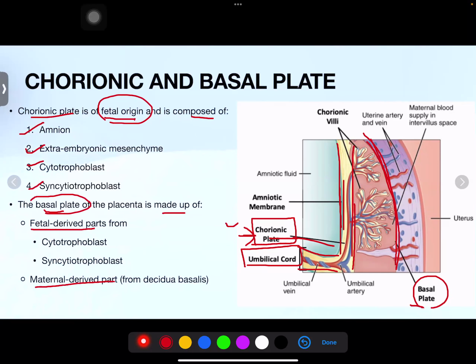You cannot say the basal plate is just maternal in origin. The fetal parts would be the cytotrophoblasts and syncytiotrophoblasts, because the villi go inside, so they are present. And the maternal derived part would be from the decidua basalis. Okay.